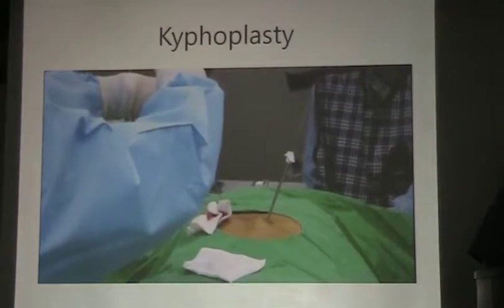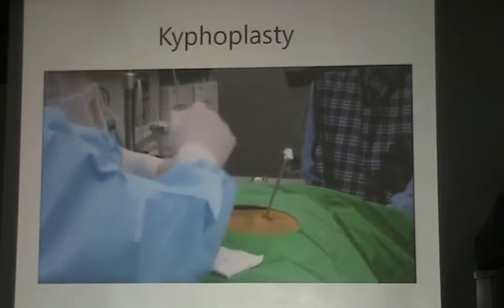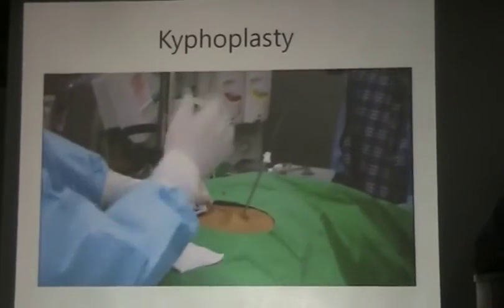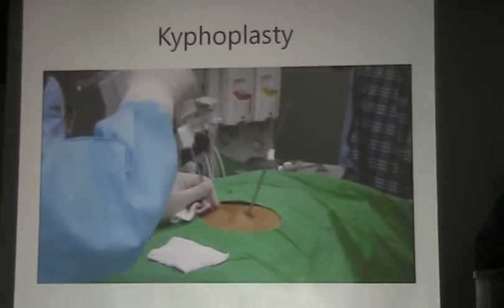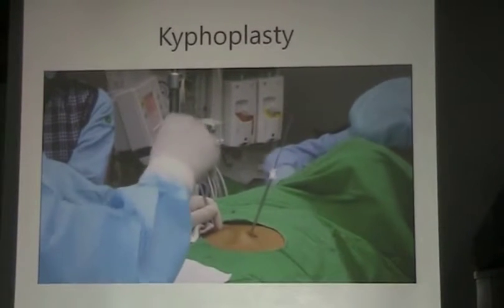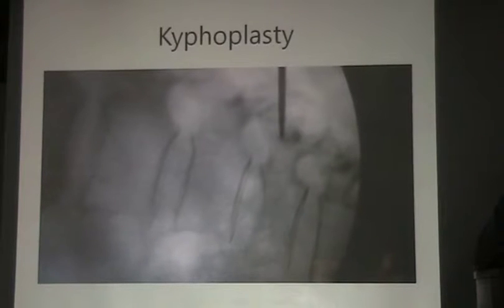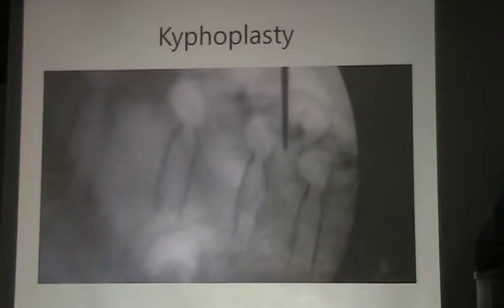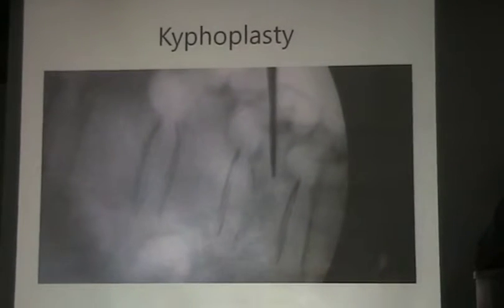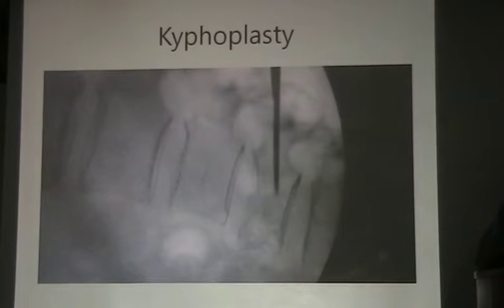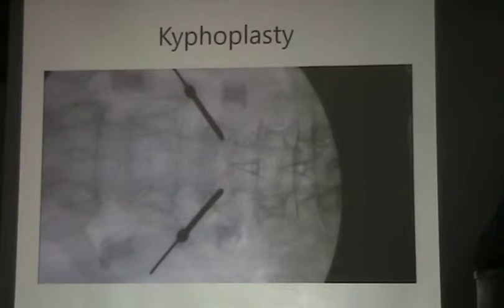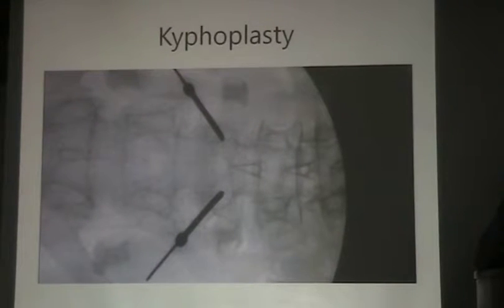Remove the vertebroplasty needle and insert the trocar very easily along the guide wire. Trocar insertion like this. It is very important to check the true lateral view. And remove the guide wire.